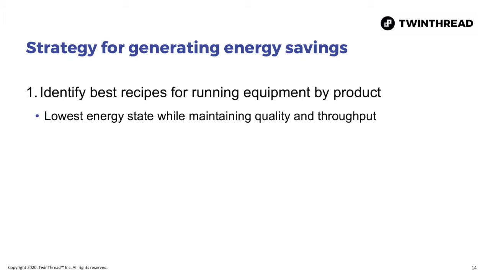And in a nutshell, the process behind developing or identifying the best recipes is identifying over the last year, or maybe it's 2 years of running on this piece of equipment for a given product, because many of these production lines produce different products on the same equipment. So it's necessary to look at this on a product by product basis.